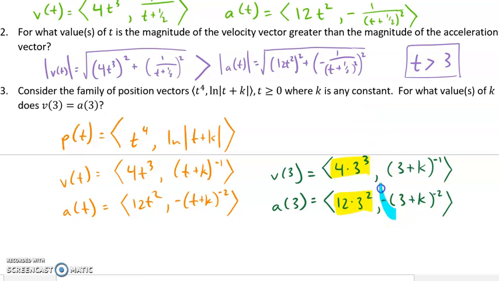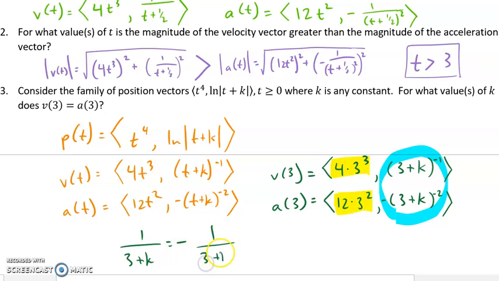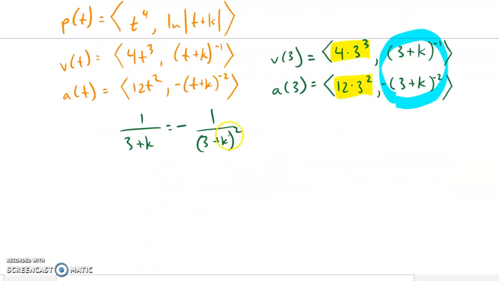Because that's the case, we can have a solution by setting these guys equal to each other. So we'll go ahead and do 1 over 3 plus k is equal to -1 over 3 plus k quantity squared. And there's our nifty little algebra equation that we can try to solve. We can multiply both sides by 3 plus k squared and get 3 plus k on one side and -1 on the other side, right?